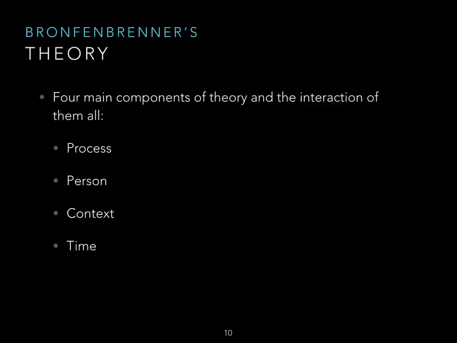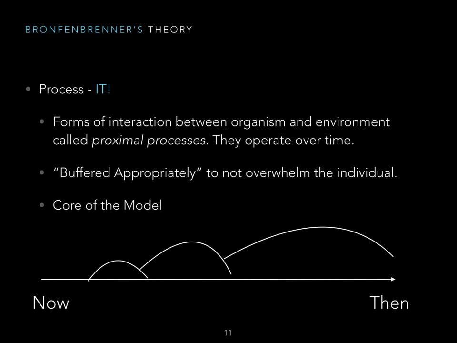All right. So there are four main components of Bronfenbrenner's theory, and the interaction of them all. So we're going to look at process, person, context, and time. So let's look at process first.